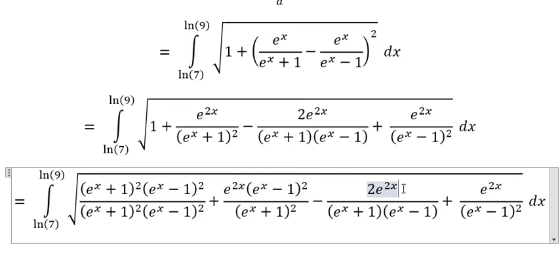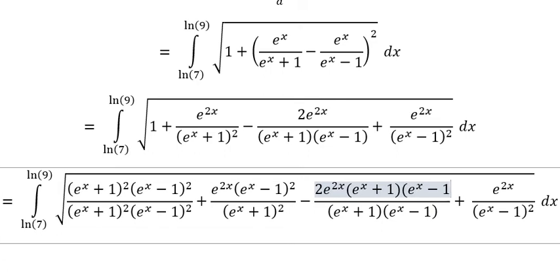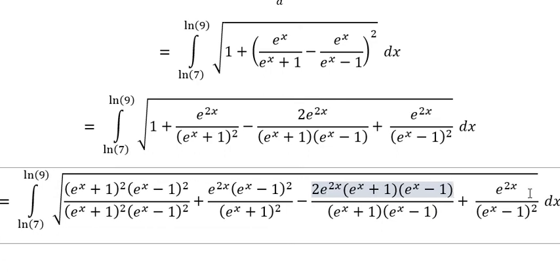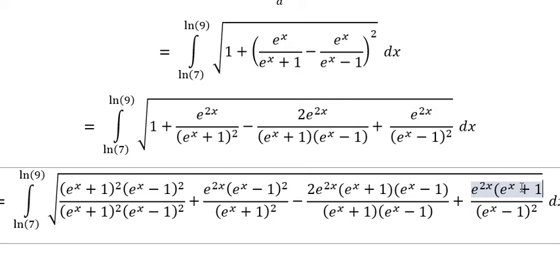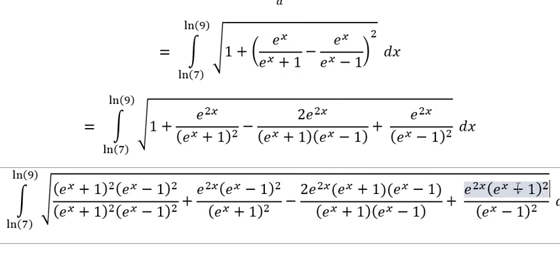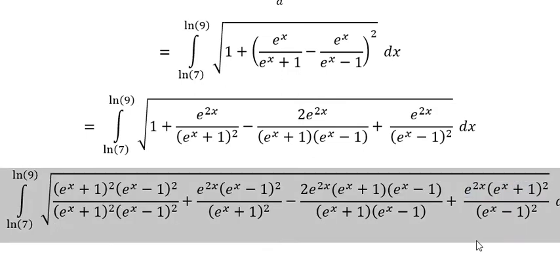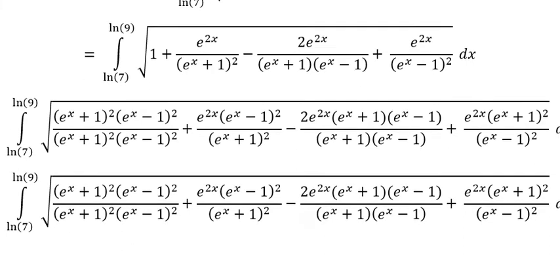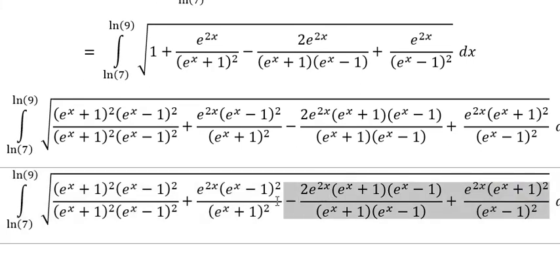This one is about e to the power of s plus 1 times e to the power of s minus 1. And the last one is about e to the power of s plus 1 to the power of 2. And now we need to simplify, and you get it like this.